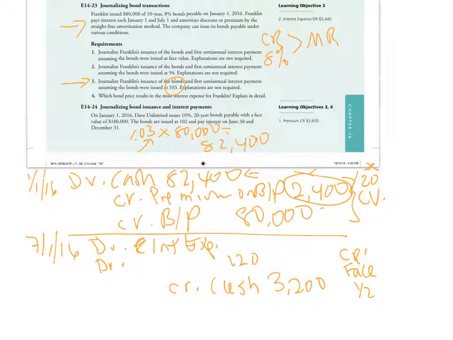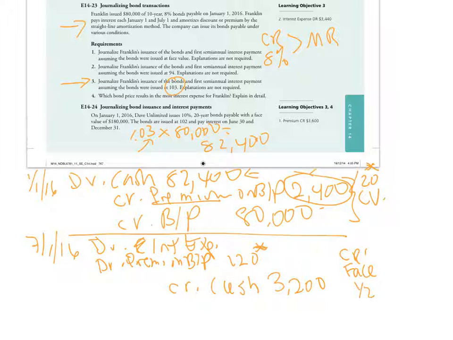I'm going to make a little asterisk just to make sure that we know we're talking about that calculation. And the account is this premium amount. We're going to reduce it by 1/20th for this period. So we're going to have a debit to this premium account on bonds payable.